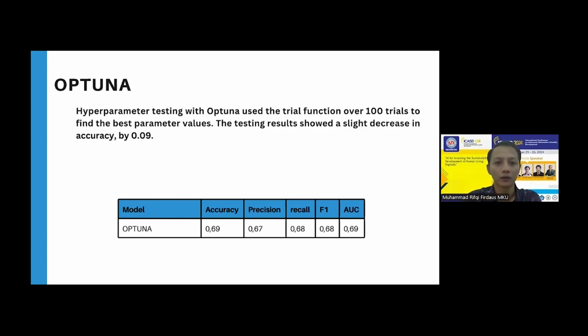Additionally, hyperparameter testing with Optuna used the trial function over 100 trials to find the best parameter values. The testing result shows a slight decrease in accuracy by 0.09, and it means Hyperopt achieved a better accuracy score than Optuna.